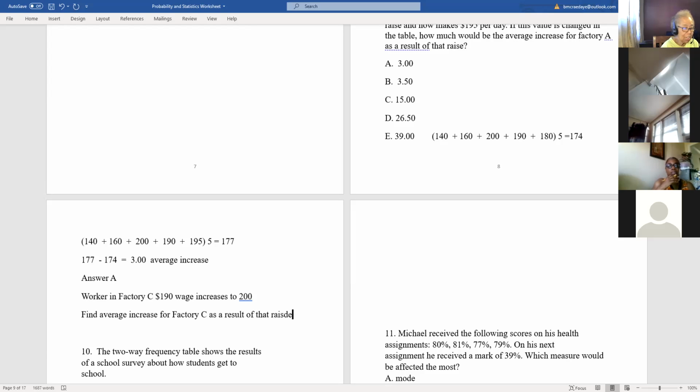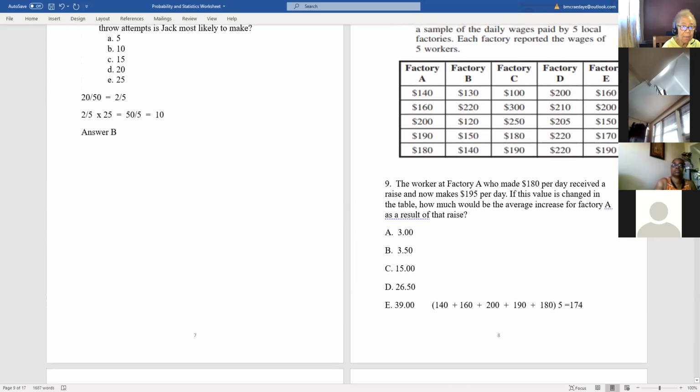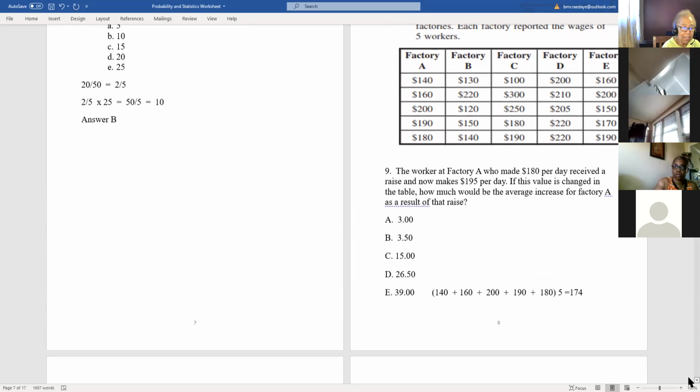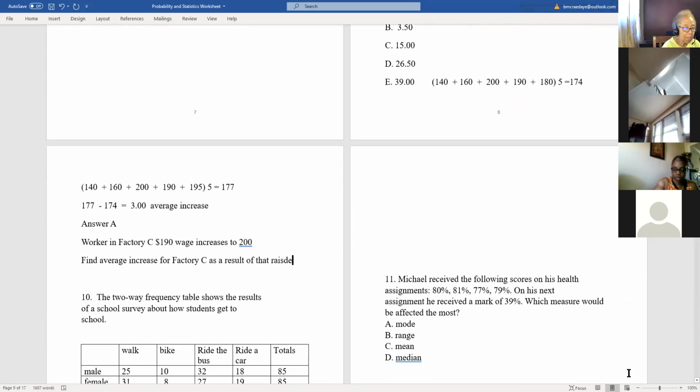So the factory C worker made 190 and went up to 200. I want you to find the average increase as a result of that raise.